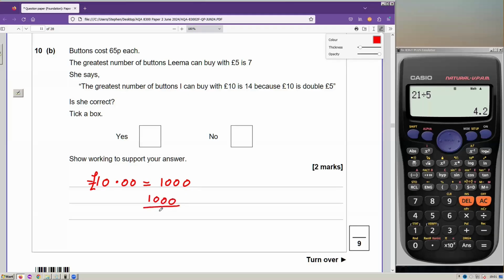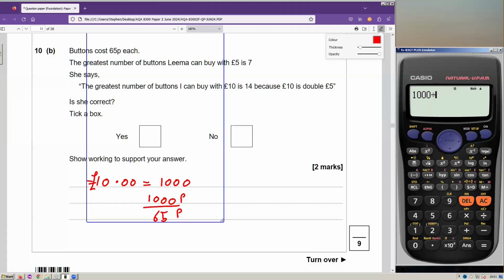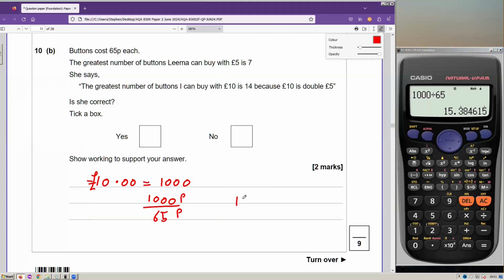divided by 65. We're using pence, so this is pence each time. And then we can use the calculator. Divide by 65. Let's do it. It's 15.3.